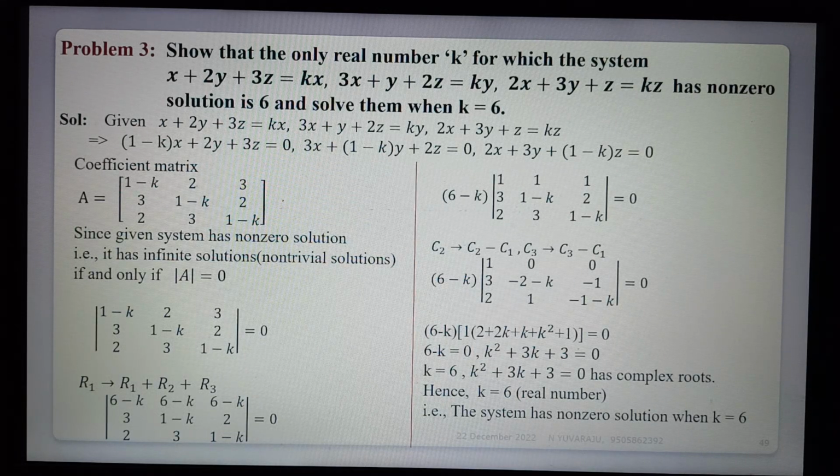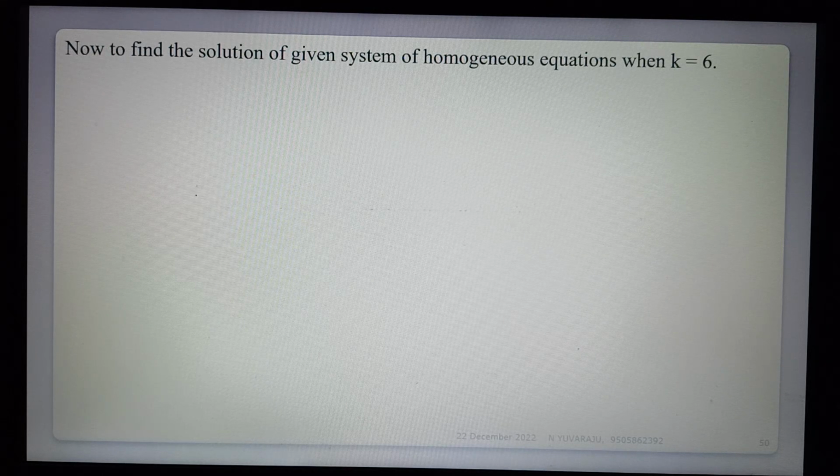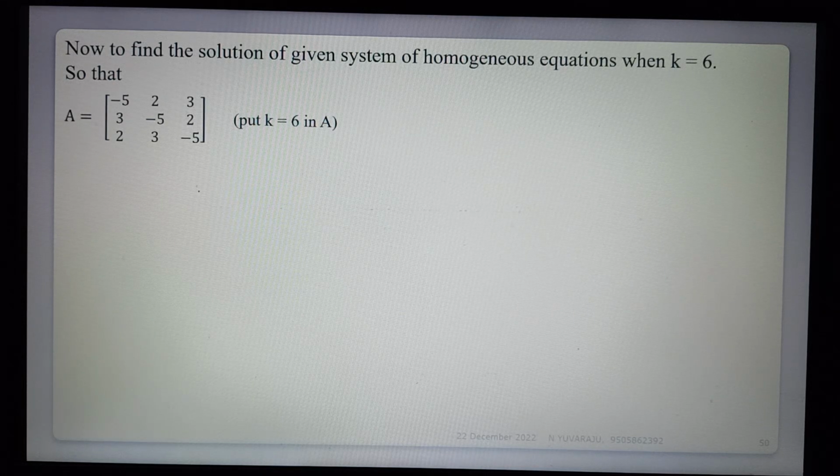Next, continuation: substituting k is equal to 6 in matrix A, with a is equal to minus 5 and k replaced by 6. That is 1 minus 6 minus 5, 2 3 3, 1 minus 6, k minus 6. That is 1 minus 6 minus 5, 2 2 3, 1 minus 6 minus 5. Next, same procedure.